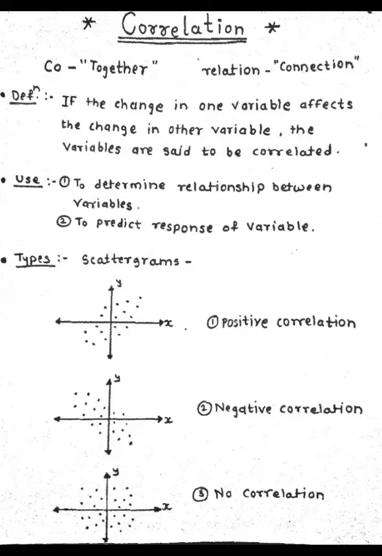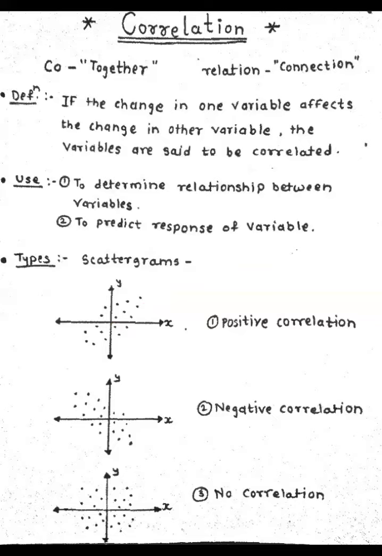If you draw one line between these observations, then it is observed that this is a graph of increasing, or this graph is also showing decreasing simultaneously. So this kind of relationship is called positive correlation.